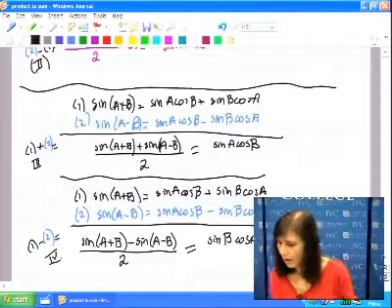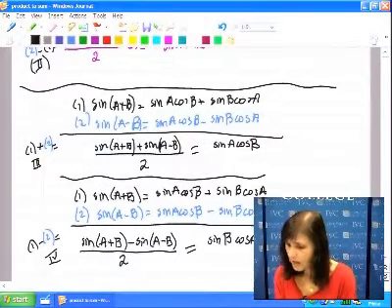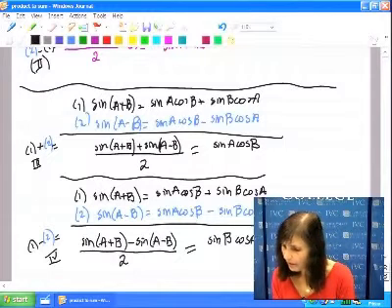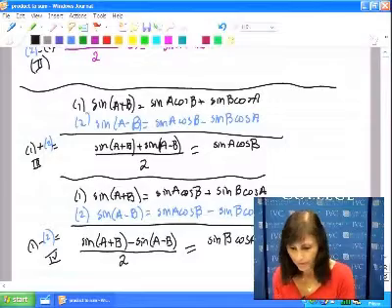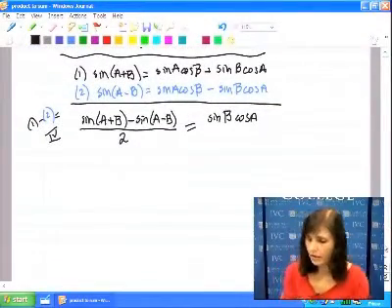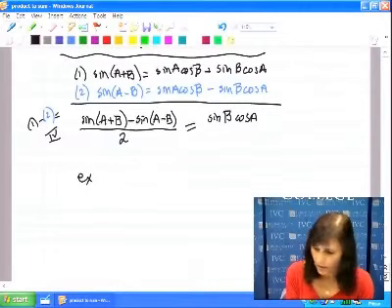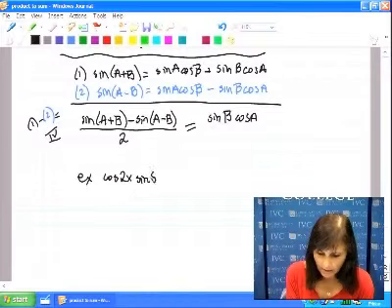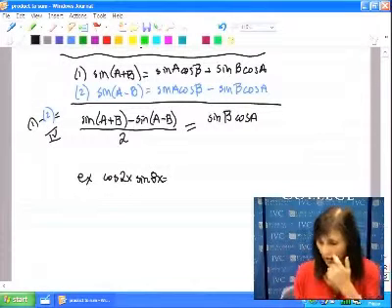Okay. Now, you can either memorize these guys, or you can just kind of derive them very, very fast. For example, I'll give you an example. Cosine 2x sine 8x, and they want you to simplify that.